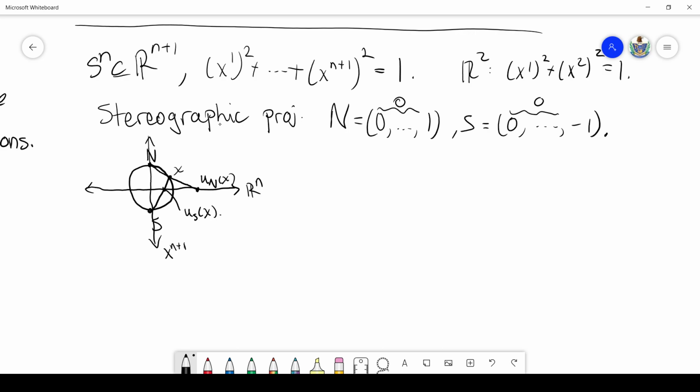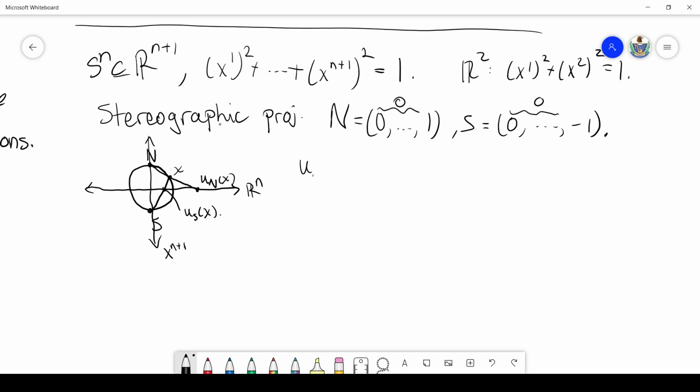And so the important thing to notice is that un of x we can define for any point on the sphere except for N, because if we try drawing a line from N to N, well, that's not well defined. You could say, okay, what about the tangent? But then the tangent won't intersect this Rn plane.